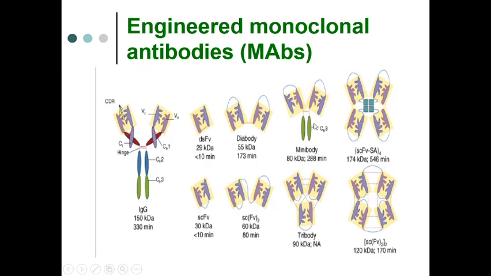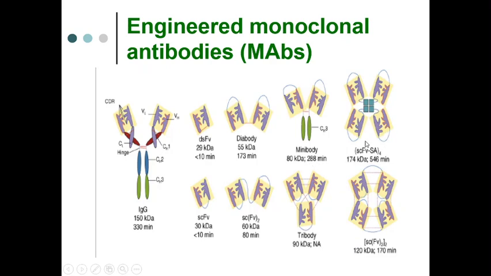It has only one constant region domain, that is the CH3 domain. The other two domains have been removed, plus the constant region domain of the light chain has been removed, and only the fragment of variable region is retained. Such a minibody has a molecular weight of 80 kilodaltons and a half-life of about 288 minutes.